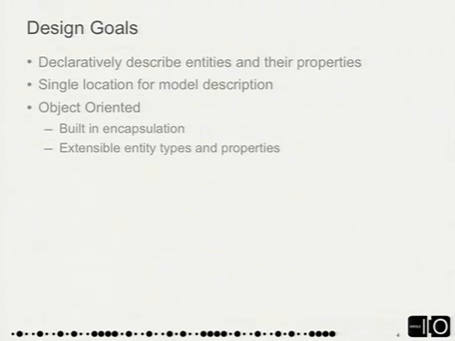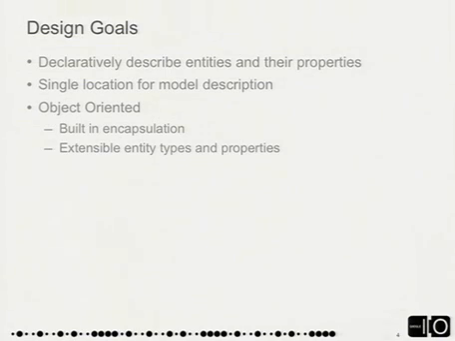So you don't have to have a separate file to describe what your schema is going to look like, another file to describe an object relational mapping, and perhaps another file to describe some other kinds of stored procedures or extra functionality. You can define everything in one place. We wanted this API to be object-oriented so that it would be easy for you to build in encapsulation, extend the existing types, and build your own types of functional models.